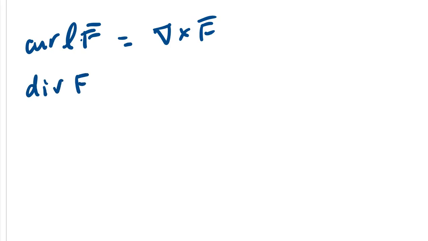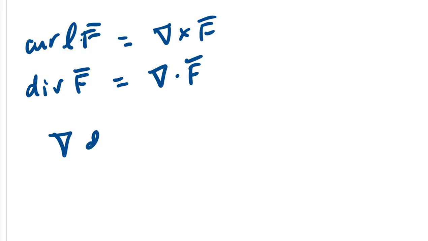So the curl of f is the gradient cross f, and the divergence of f, the vector field, is the gradient dotted with f. So this gradient is the del operator.